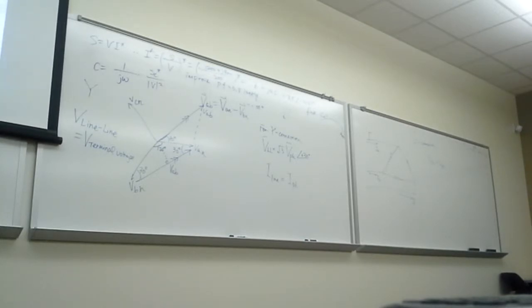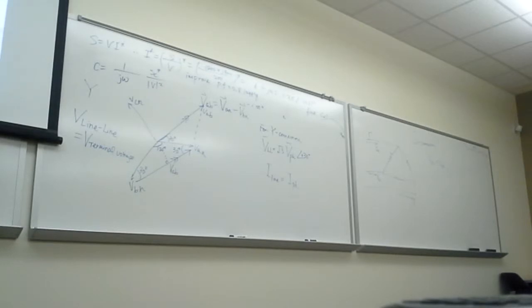So if you do vector subtraction, I can solve IA. IA is equal to IAB minus ICA. So this vector is equal to this vector. You shift it from here to here, right? So in this case, there's still a square root of 3 relation.